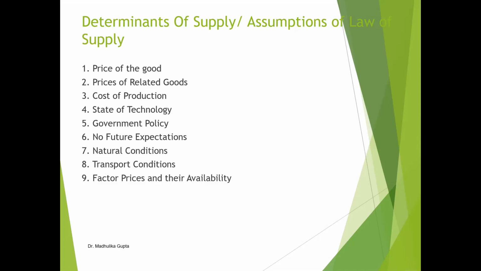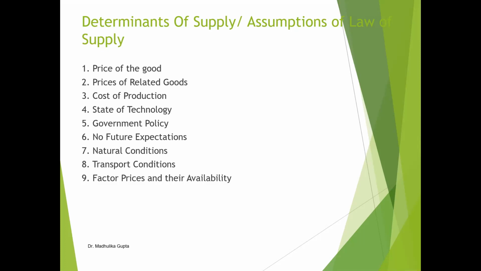This implies that different policies of government, such as fiscal policy and industrial policy, have a greater impact on supply of a product. Like for example, an increase in tax on excise duties would decrease supply of a product. On the other hand, if the tax is low, then supply of the product would increase, right?